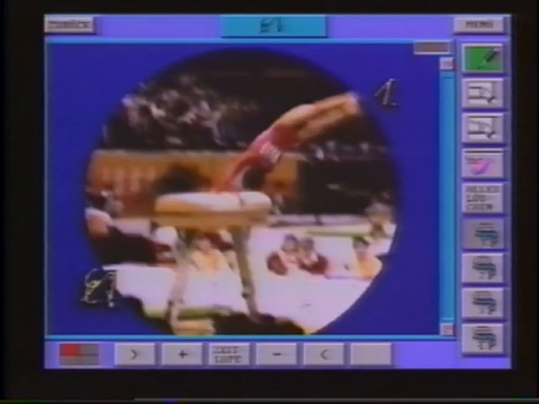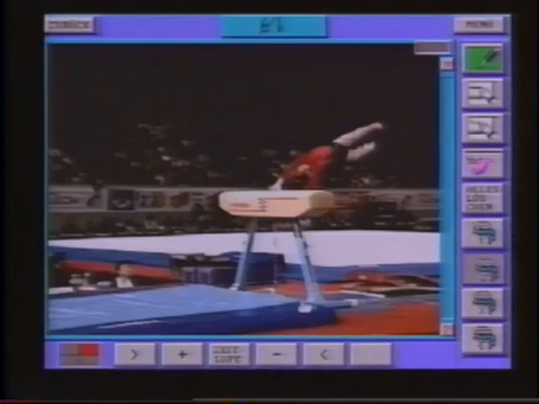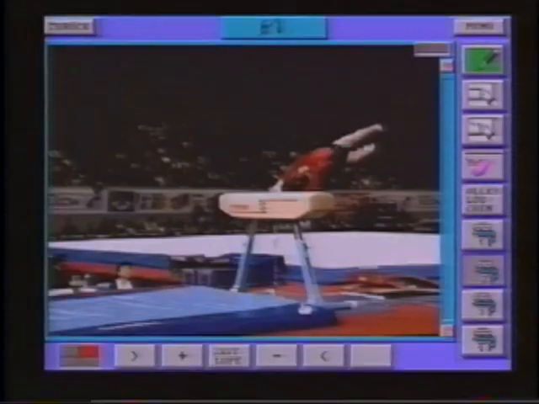We also are seeing correct parallel hand support, almost completed turn of the hips, still no deduction. Second, flatter entry flight phase, opened body angle, slightly opened legs minus 0.05, turn under 180 degrees, minus 0.05 to 0.1, in total minus 0.1 to 0.15.